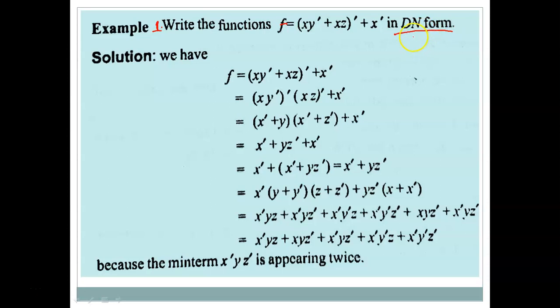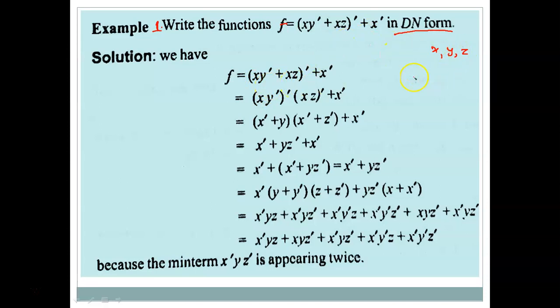So first of all, identify the number of variables here. You can clearly see that there are 3 variables x, y and z. 3 Boolean variables are there, x, y and z. And we want to put this expression in disjunctive normal form. So that means at every step there must be a term, a sum of that.